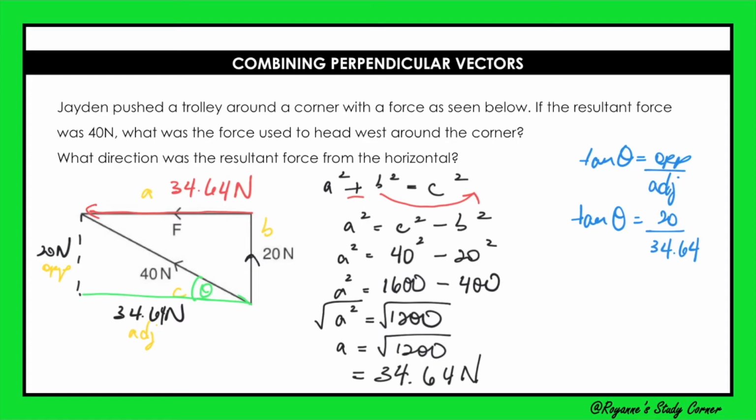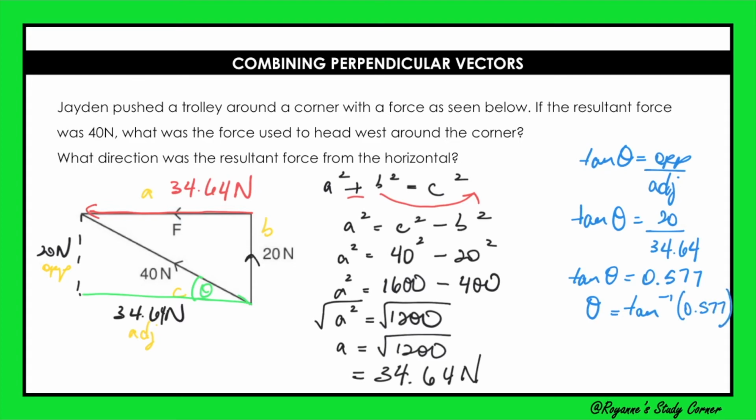So 20 over 34.64 in my calculator gives me tan theta is equal to 0.577. But we want to find theta, so we need to send this tan over to the other side. But when we send it over to the other side, it doesn't remain as tan, it becomes tan inverse of this.